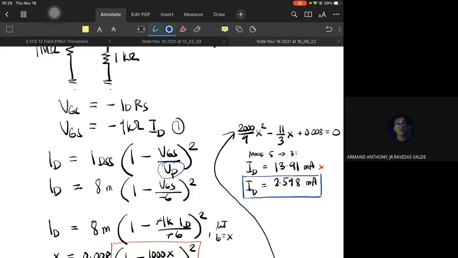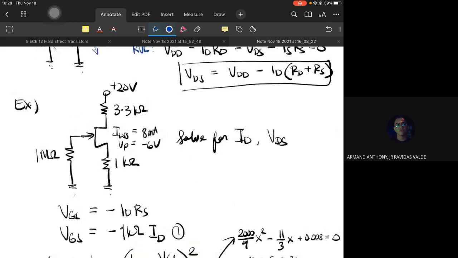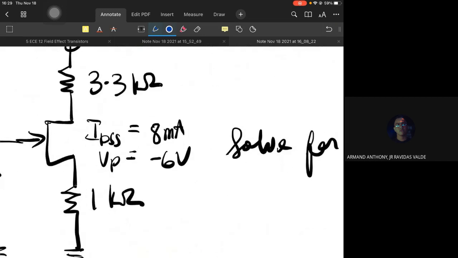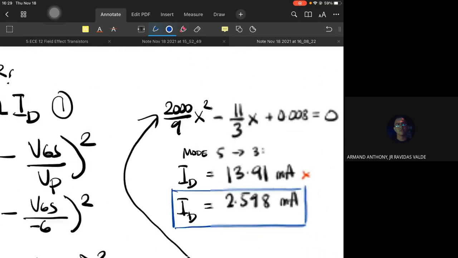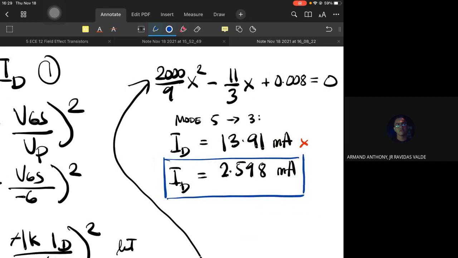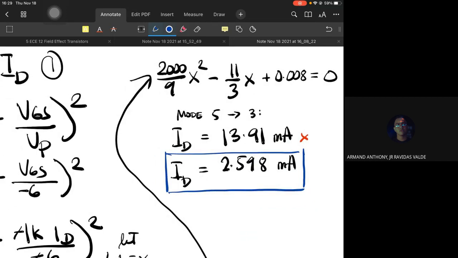Pero what if the same sa question ni Arman na silang duha kay both below IDSS. So we'll substitute back ID here and solve for VP. Kung mulabaw pa gyud gani, so dili na siya acceptable gyapon. Pero so far sa tanan nako nga na solve nga example, naay isa nga matugma.